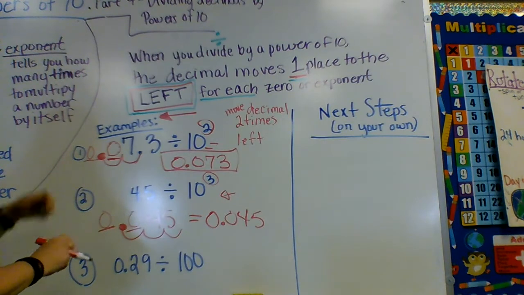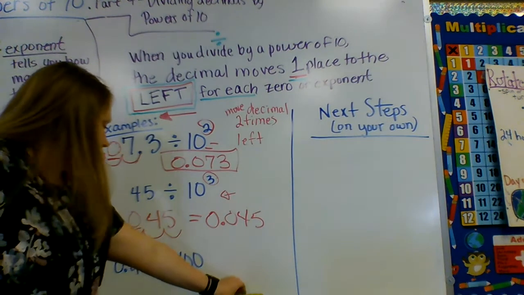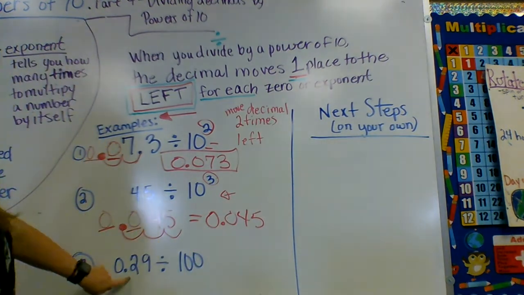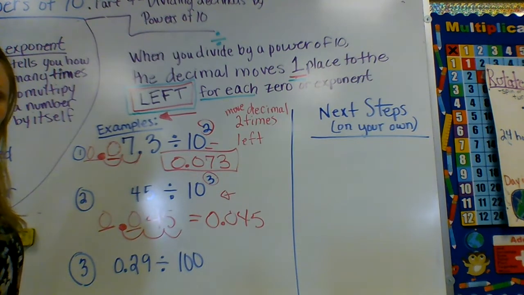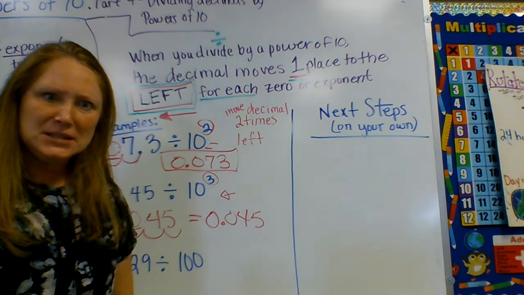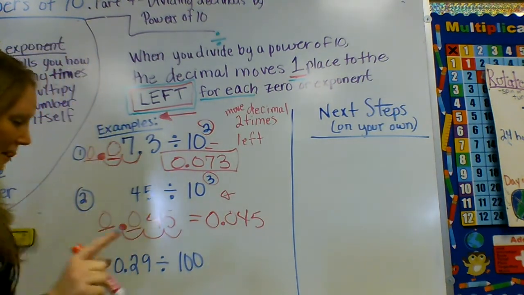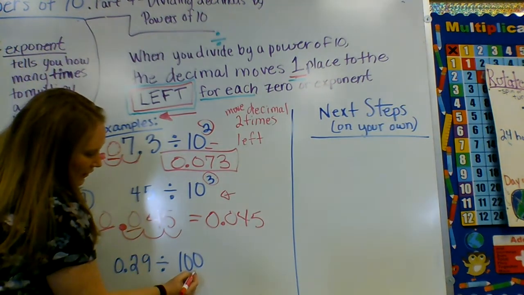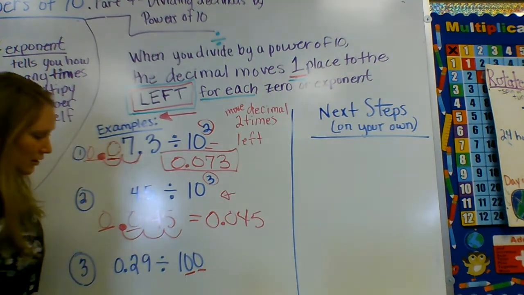All right, let's do the next one. We have 29 hundredths divided by 100. Wait a minute. There's no exponent. But remember, how many zeros are here? We have 2 zeros.